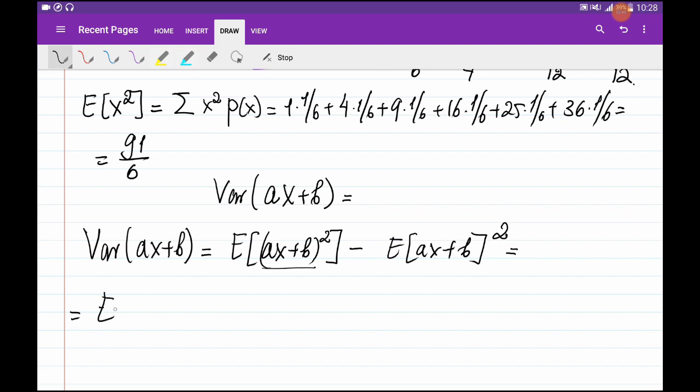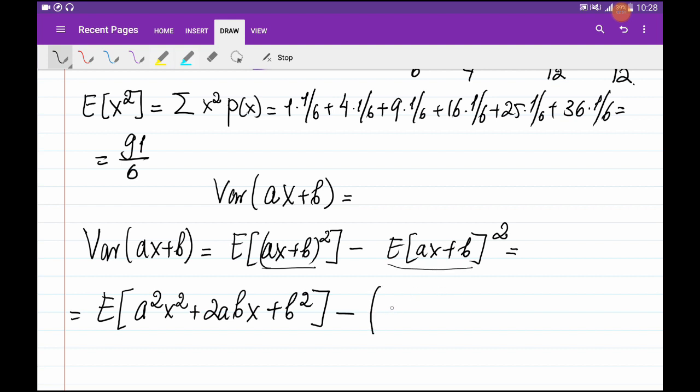We'll open up the brackets, so this will be a square X square plus 2abX plus b square, minus, and I will open up the brackets first, then we'll square this up. The expectation of X multiplied by a plus the expectation of the constant will be simply the constant, in the square.